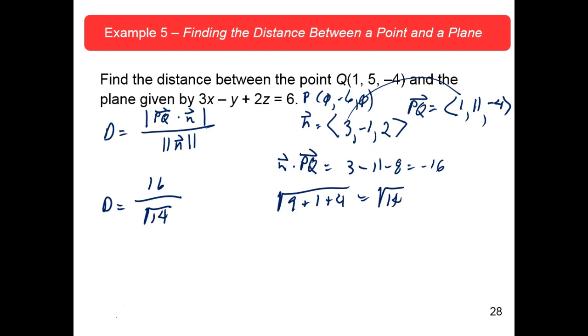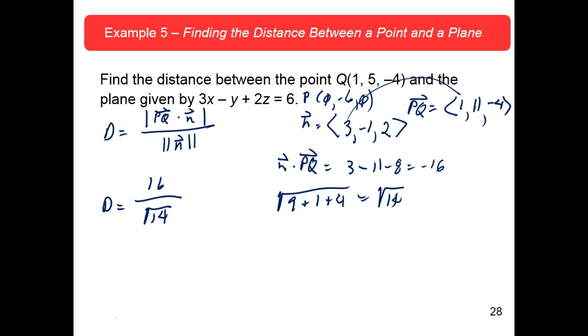Weird number, but okay, fine. No problem there. 16 over the square root of 14. And you can give an approximate value if you have a calculator and can do it. Find the distance, you did it.